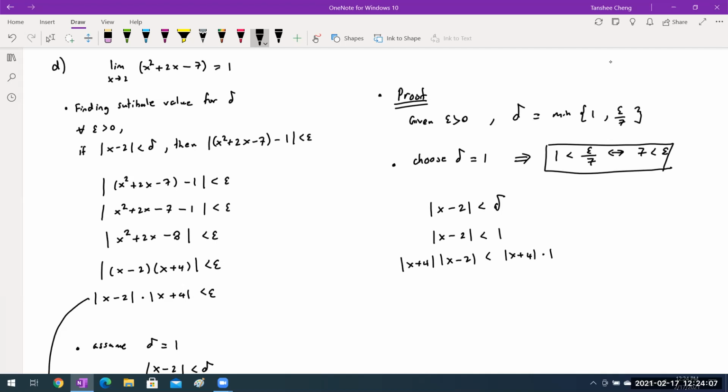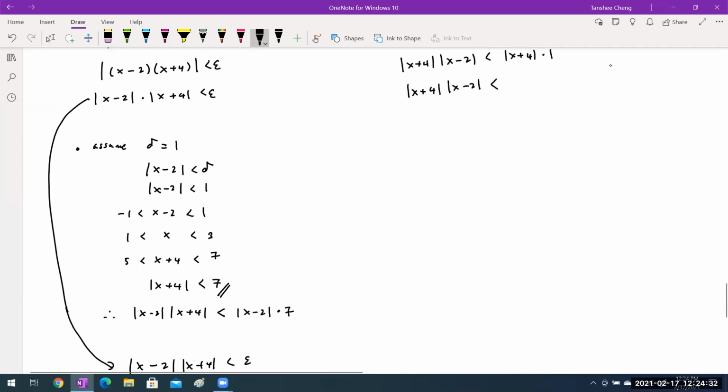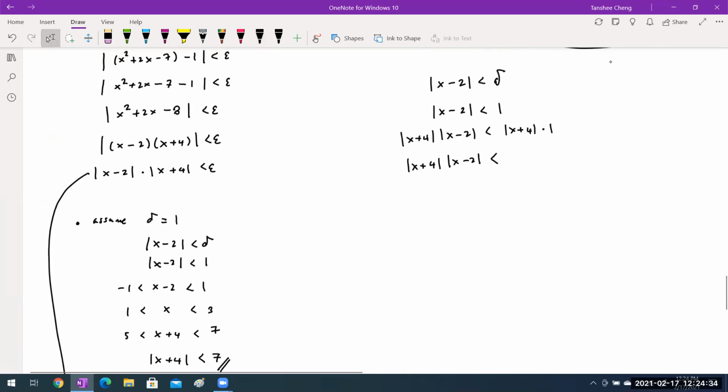Then the absolute value of x plus 4 times x minus 2 is less than... and remember that absolute value of x plus 4 is less than 7, because we found it out from here. So I can replace this by less than 7, and that's still true.